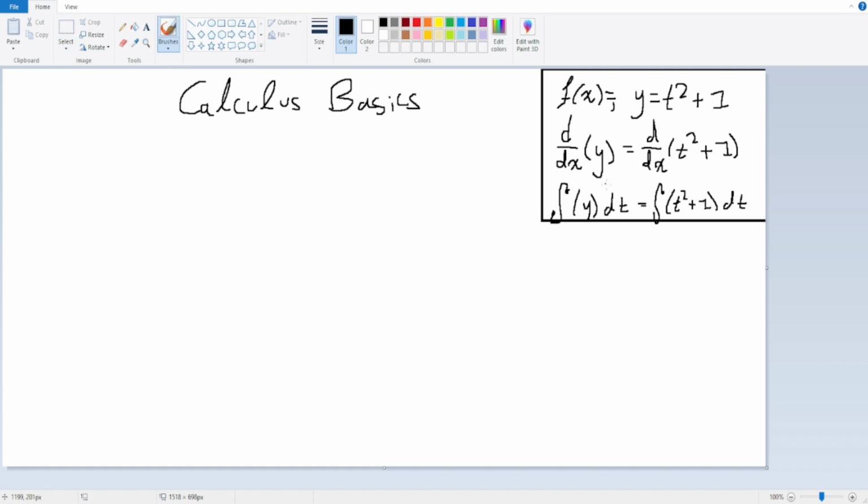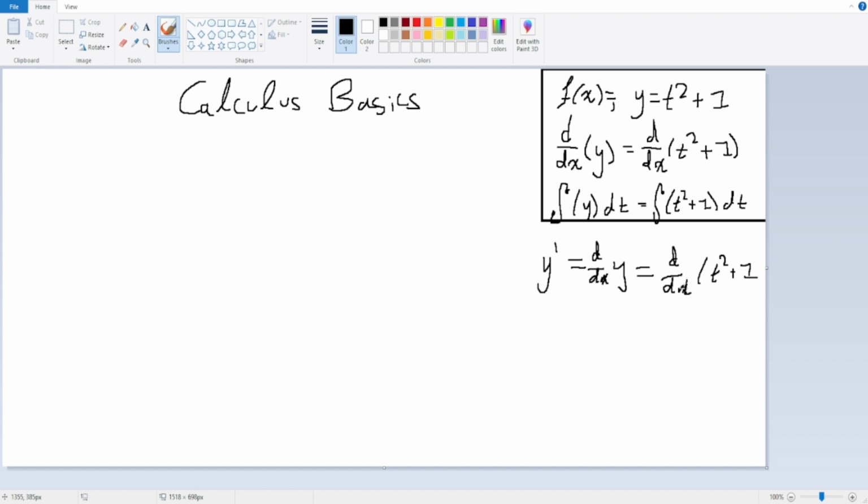So then what is a derivative? We're going to look at this guy right here. The thing with derivatives is they can be written two ways. Say you have this equation. Y prime would be equal to the derivative of y, which is equal to the derivative of t squared plus 1.